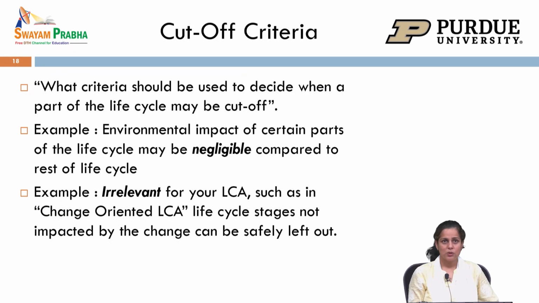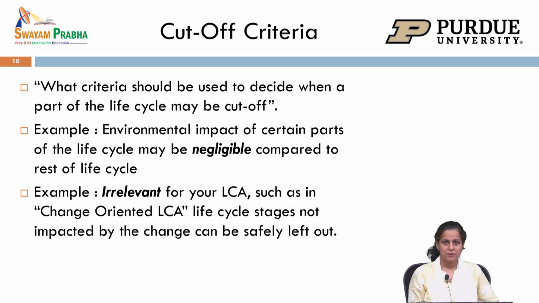For that, we use what we call as cutoff criteria. So, a cutoff criterion is a criterion that should be used to decide when a part of the life cycle may be cut off, which literally means that we will ignore that particular processes in the process LCA that we do. One example could be that if we have certain parts of the life cycle that may be negligible compared to the rest of the life cycle.